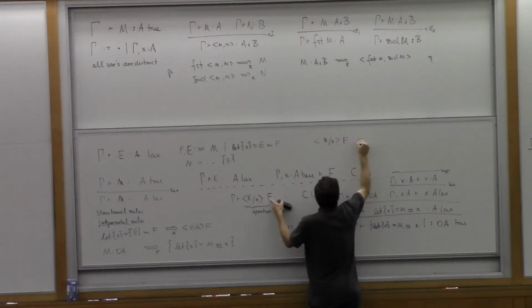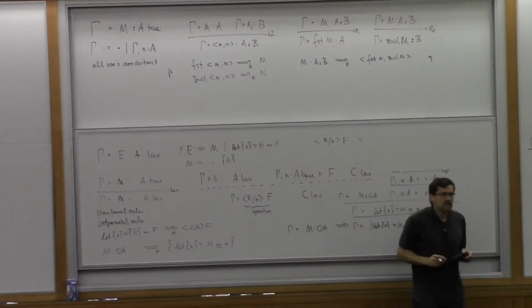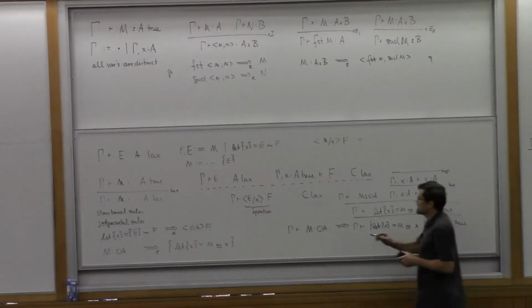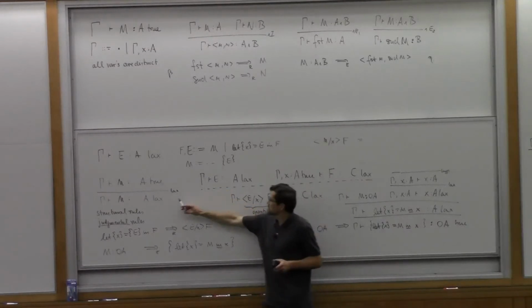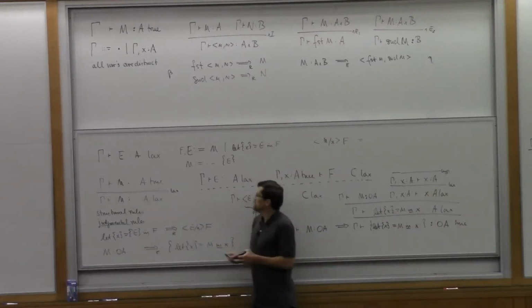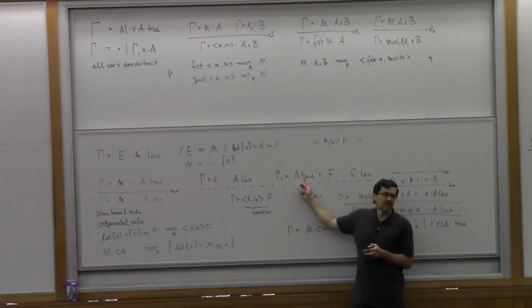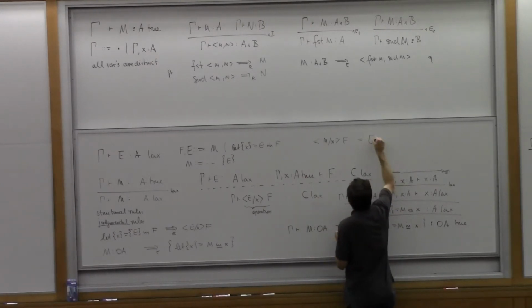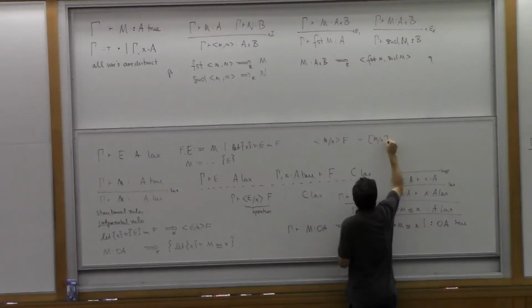What do we do in that case? It is just regular substitution, because in that case this E is actually an M, which is A true. And now that matches up with our assumption that A is true, so we can just do an ordinary substitution, M for X in F.